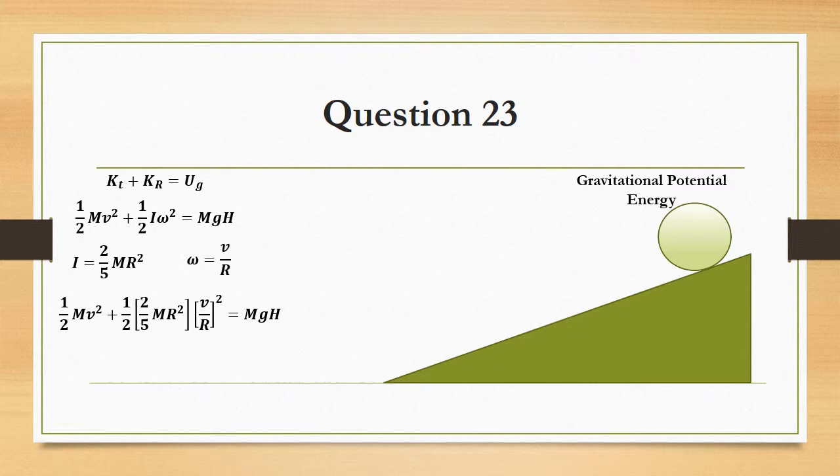That's the relationship between translational velocity and rotational velocity. That is all still equal to mgh, the gravitational potential energy at the top, and now there's an m in every term, and we have an r squared over r squared. So the m's and r's all cancel, and we end up with a height. If you solve this algebraically, you end up with 7v squared over 10.